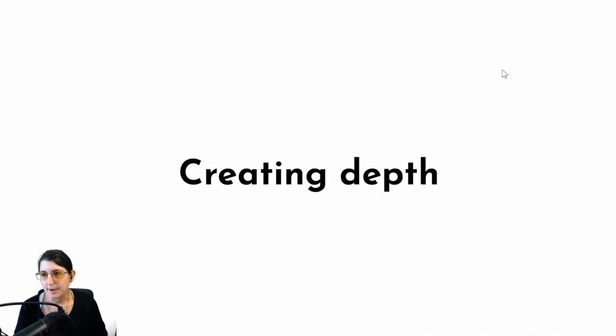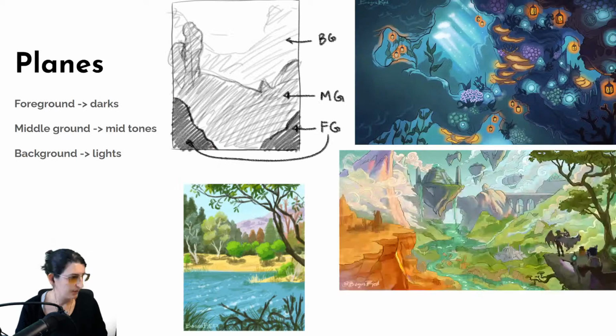Okay, creating depth. We've covered focal points and some different ways that you can guide the eye to that focal point. Now let's talk about how you can have more depth in your art piece. When you are doing your thumbnailing or your sketching, you want to think about your background in 3 planes.